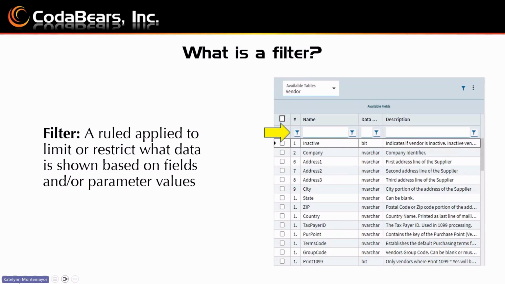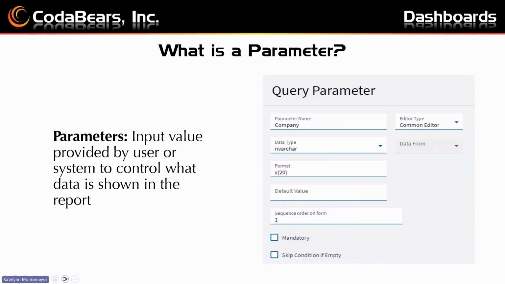It's filtering, so you can just choose either a certain name, certain description of the vendor table and things like that. And what is a parameter? It's an input value provided by the user or system to control what data is shown in the report or in the data that you're pulling.